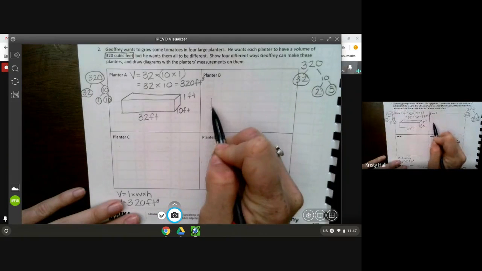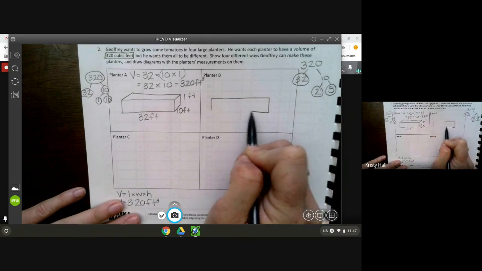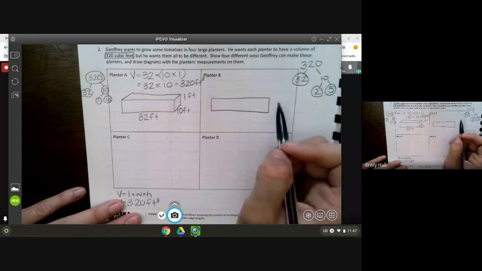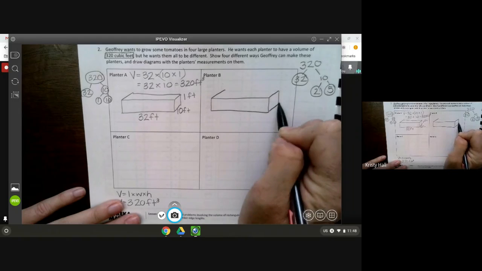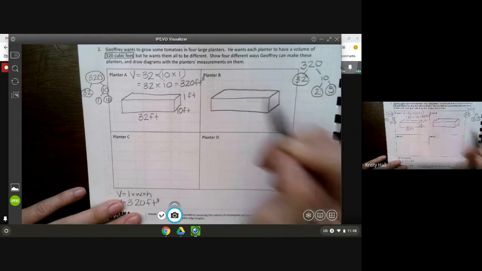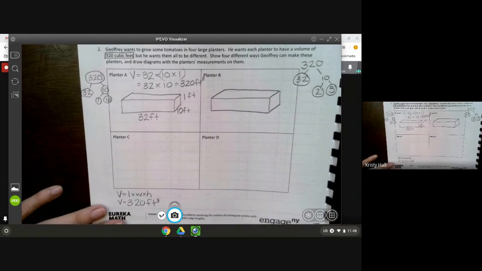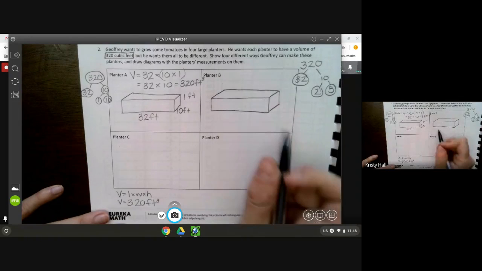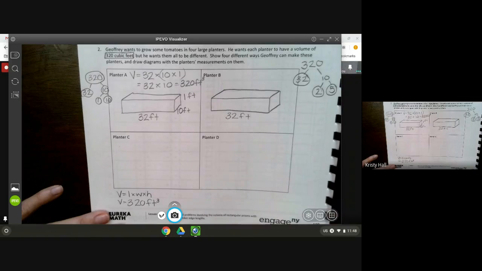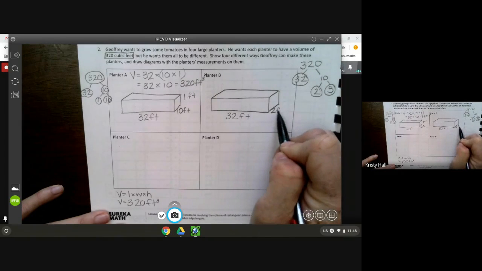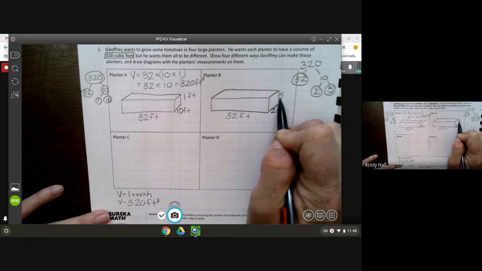So I'm going to draw another planter, and I'm making these longer because 32 is a bigger number. But they don't have to be perfect. Just do your best. So then I'm going to label this. I'm going to use a length of 32 feet. I'm going to use a width of 2 feet and a height of 5 feet.